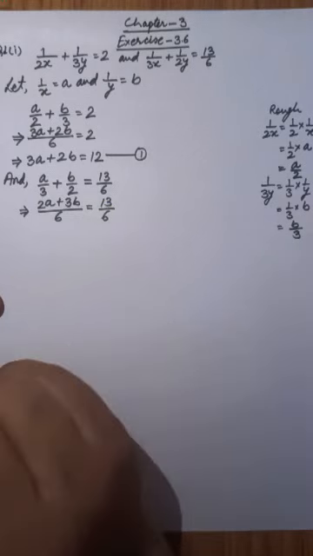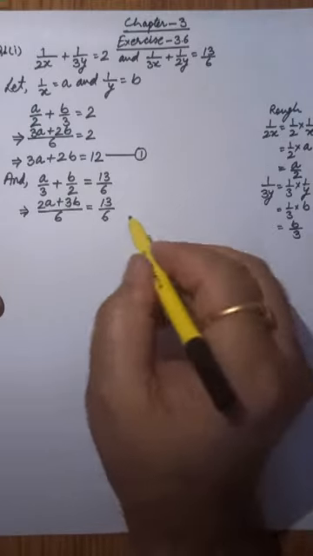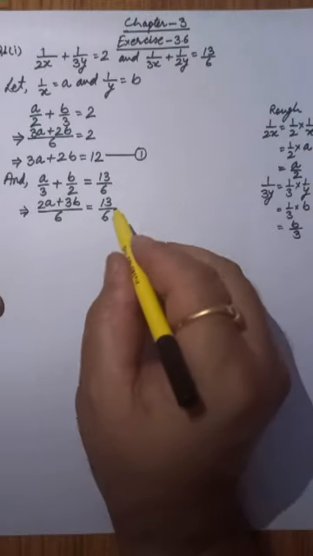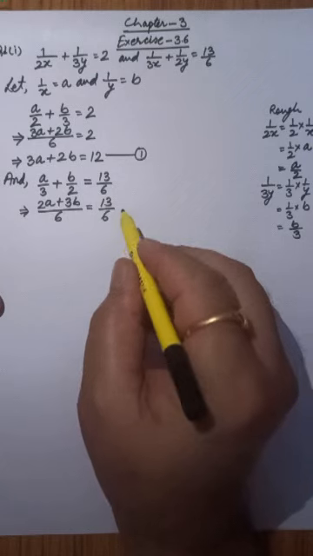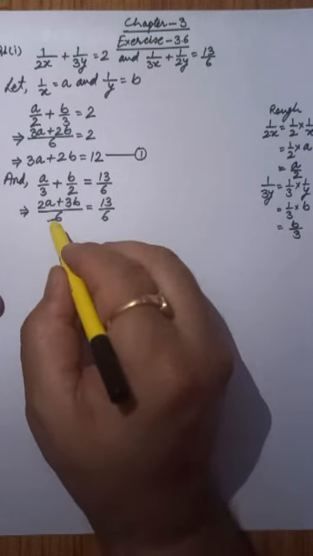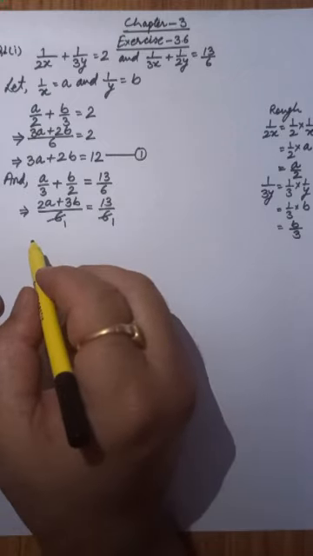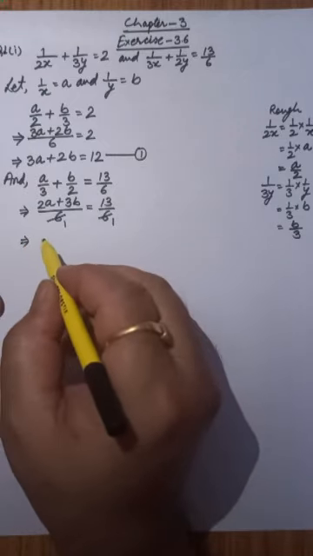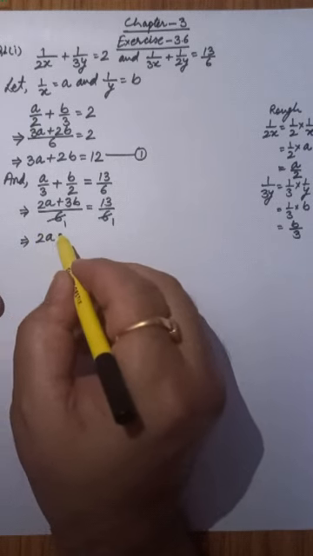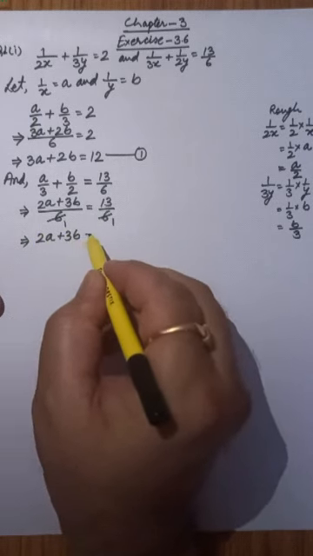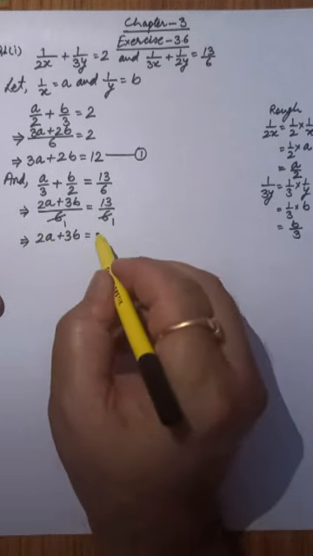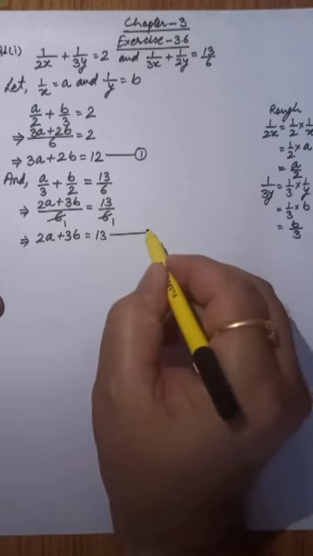Now this 6 can be cancelled with 6, either directly or by cross multiplication. Now our equation is 2a plus 3b is equal to 13, number 2.